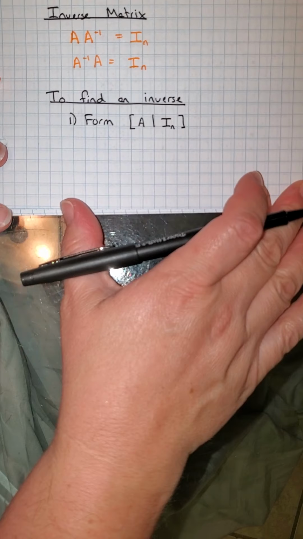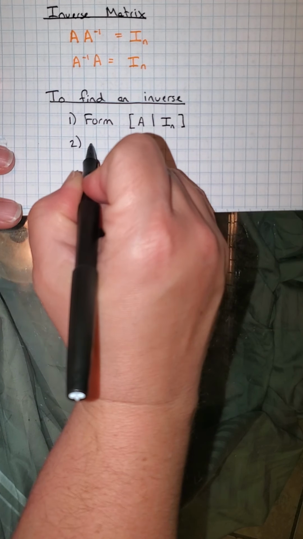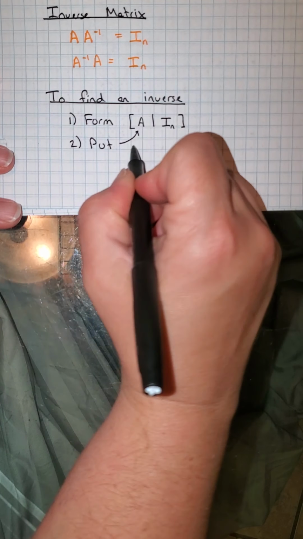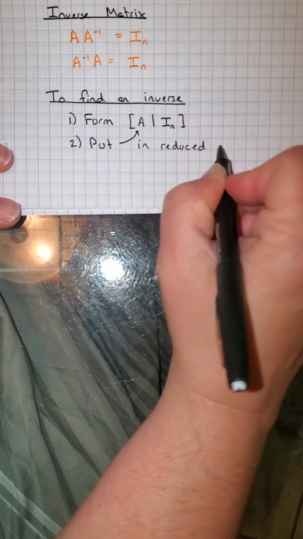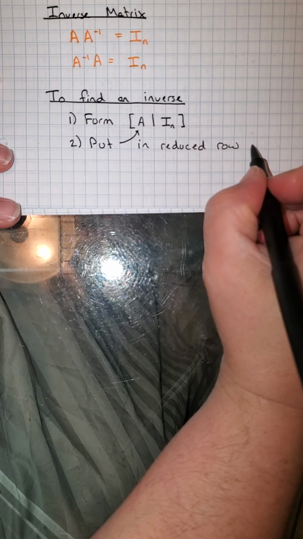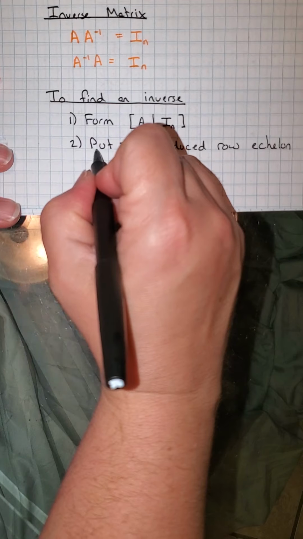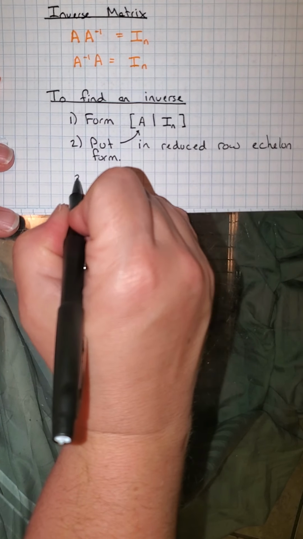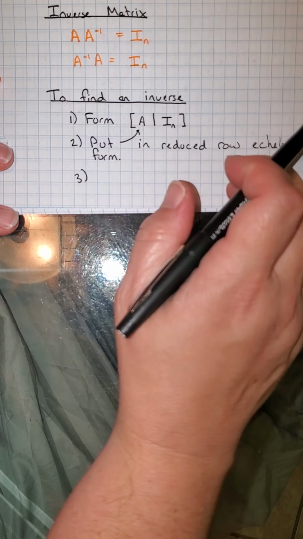You augment it. Then you're going to put that in reduced row echelon form. And you kind of let this just do its thing. And then once it's in reduced row echelon form, the new right side will be your inverse.